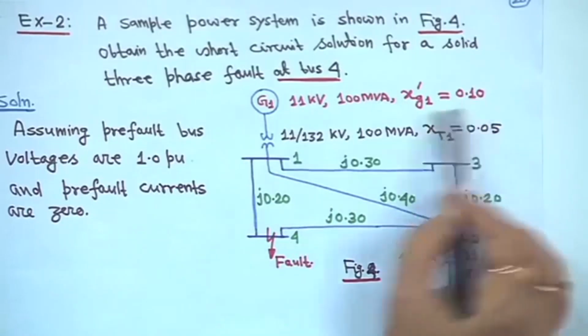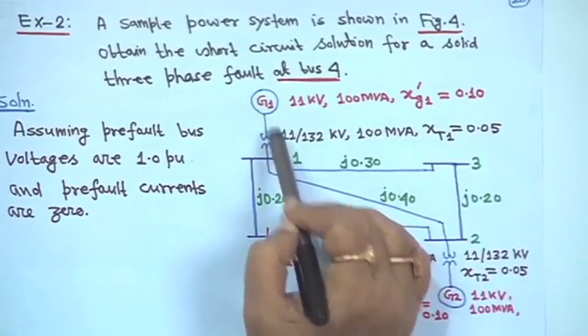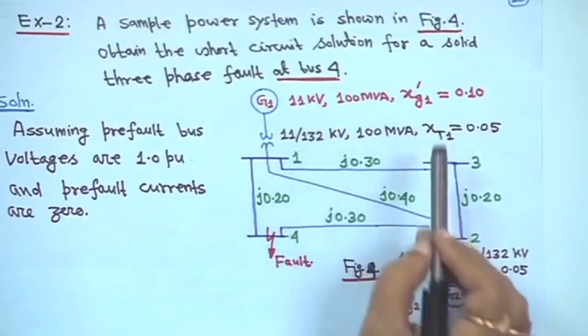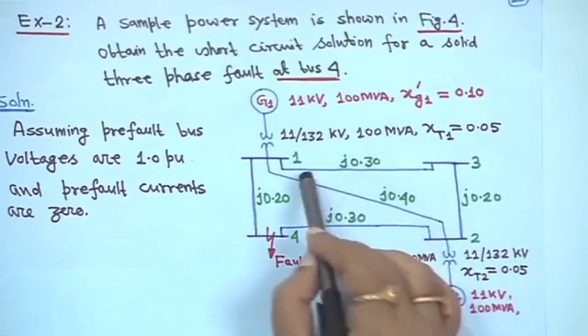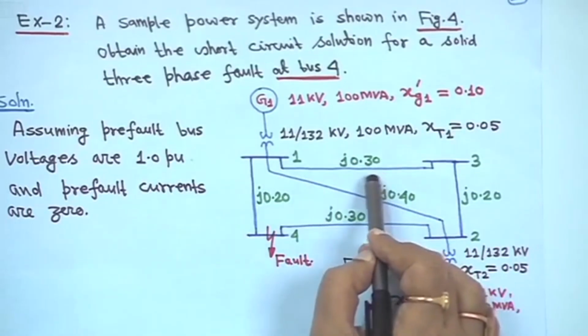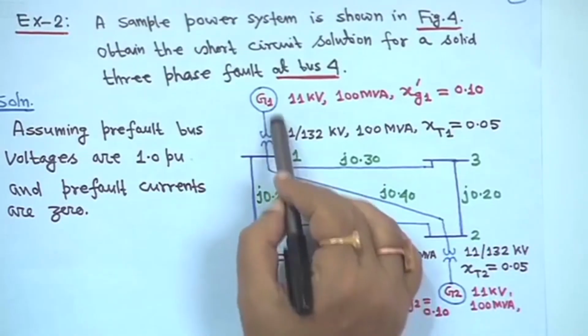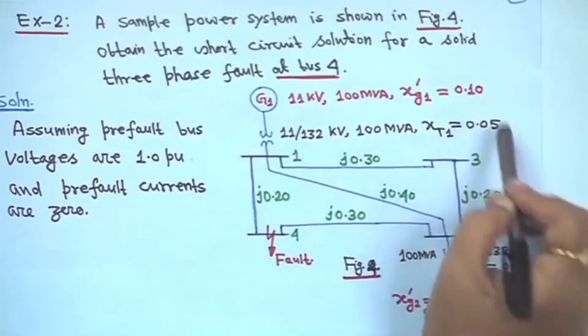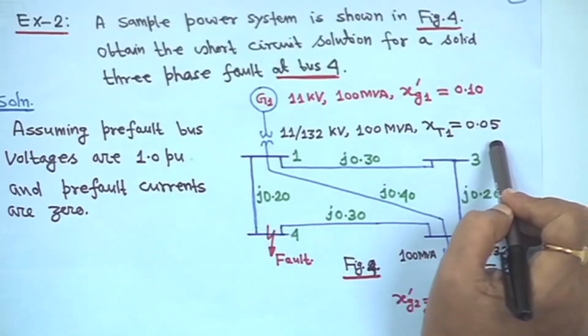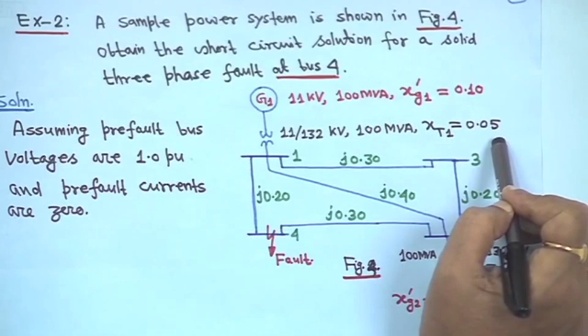That means 0.05 and 0.11 here are in series, so 0.15 is the impedance given. So you have to find Y13, Y12, Y14 plus Y10. With this 0.1 and 0.05, you construct the Y bus matrix.